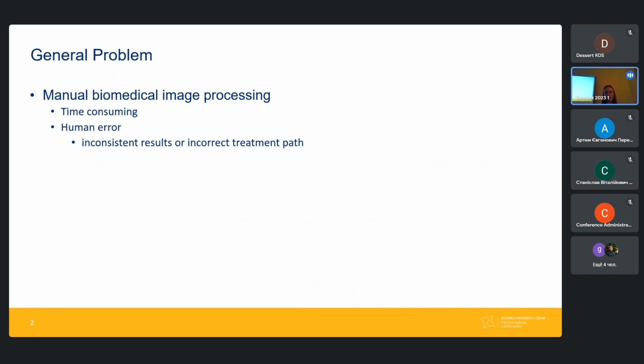And this is truly time consuming and can rely heavily on the human, on human error or, I don't know, experience, let's say. This can result in inconsistent treatment paths, or just inconsistent results from different researchers in the laboratory.